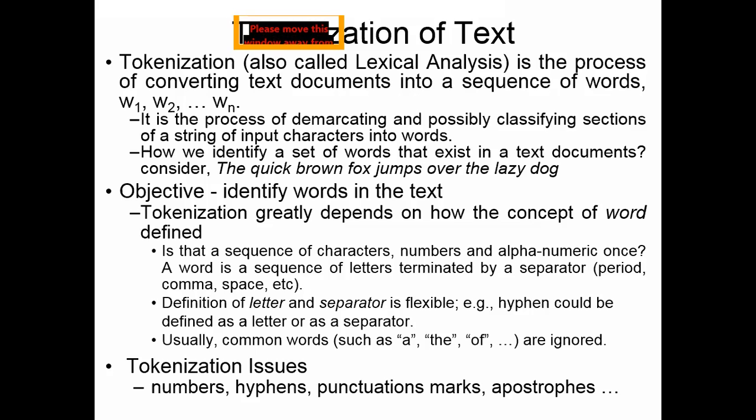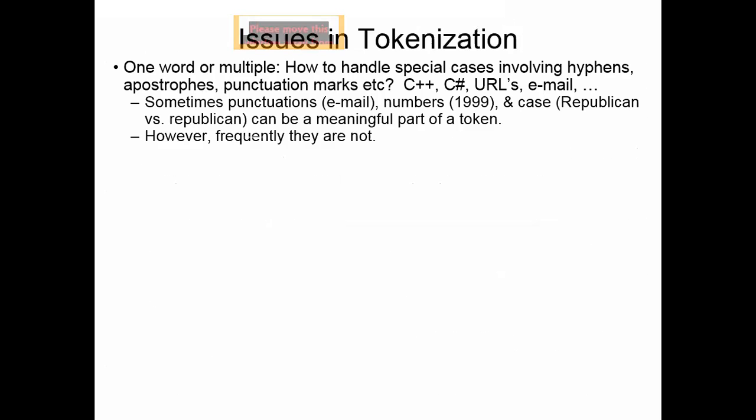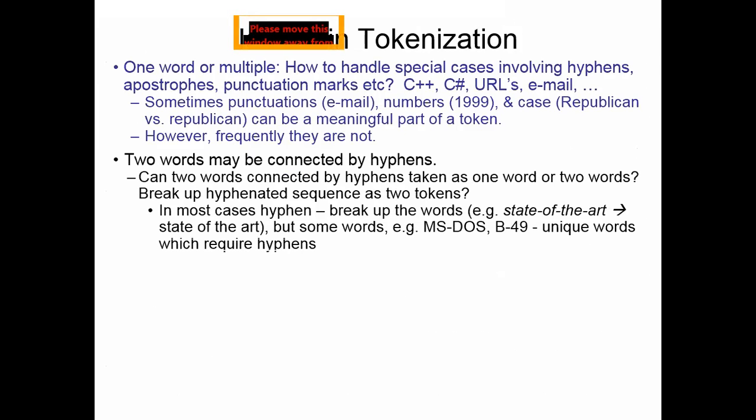So how can we bring Addis Ababa into one? See also Dabra Bra. There are words separated by space, but they are one word. There are many issues in tokenization. Still, punctuation marks are nowadays used as part of the word. How you are writing state-of-the-art.